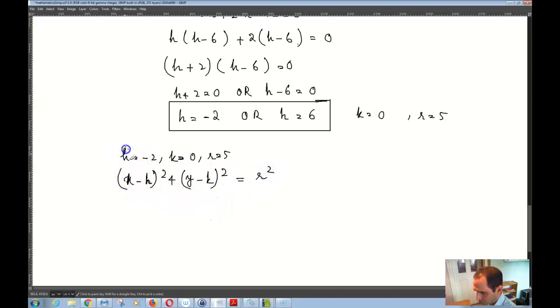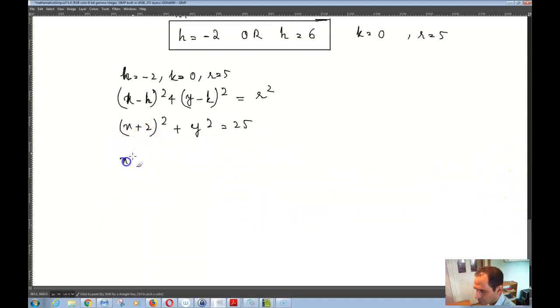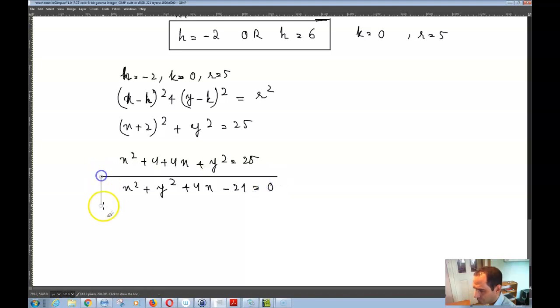So that means that x plus 2 whole squared plus y squared is equal to 25. And if you want to simplify this, we write it as x squared plus 4x plus 4 plus y squared is equal to 25, or x squared plus y squared plus 4x minus 25 plus 4, which is negative 21, is equal to 0. That is one possible equation for this circle.